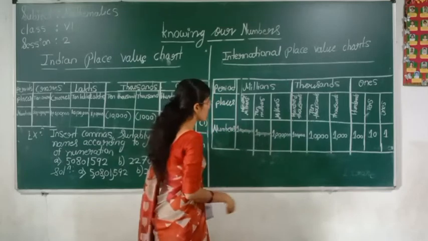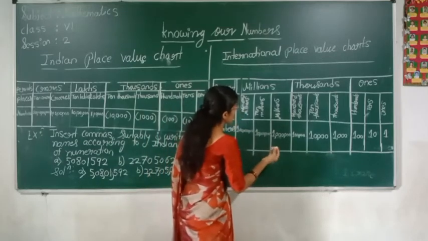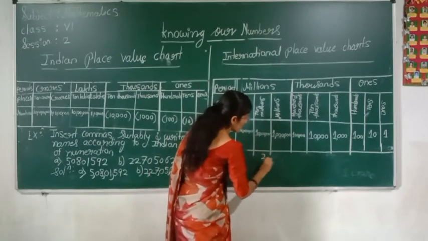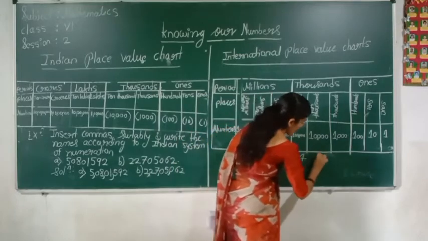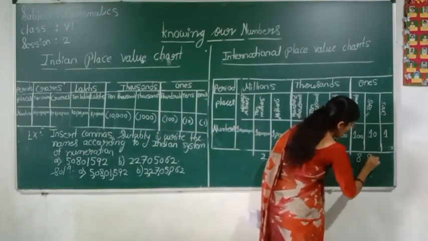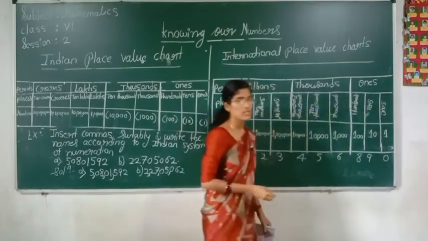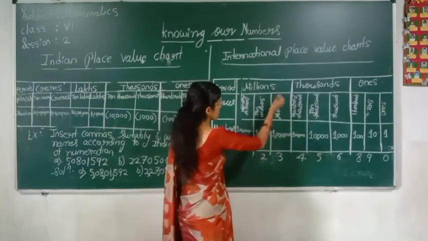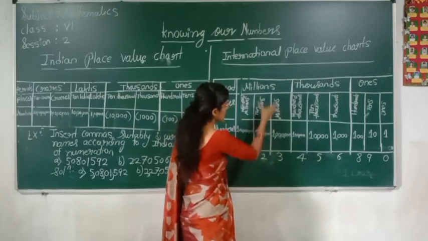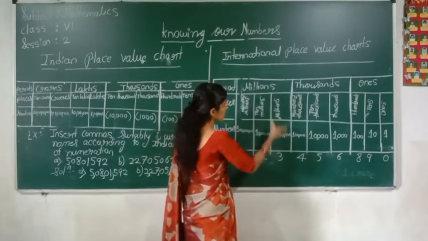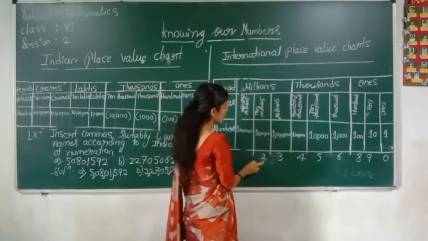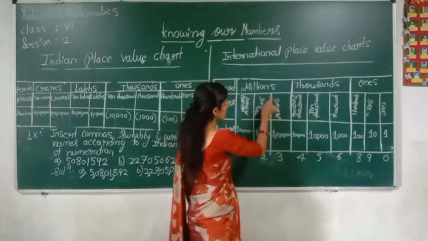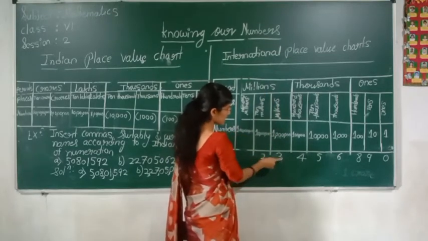Now suppose I give you a number: 23,456,890. How to read this number? Here these two digits belong to the millions family. How do we read it? 23 millions.